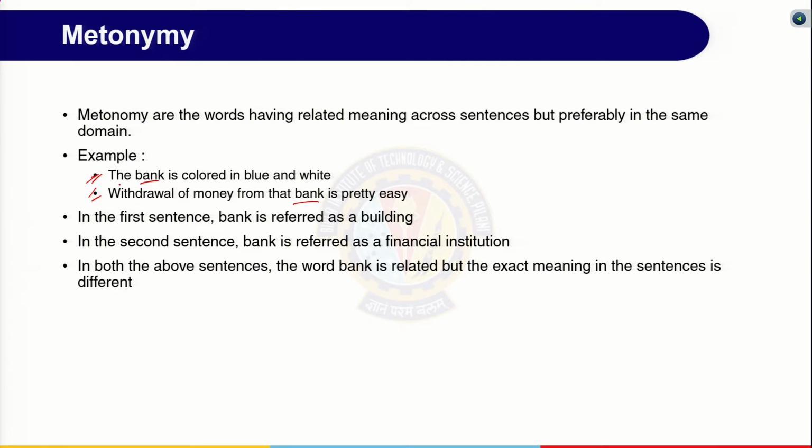But in the first sentence we are referring to the bank as a building, whereas in the second sentence we are referring to it as a financial institution. So they have been used in the same domain, that is, they are talking about a financial domain. However, the way they are used is different. Such kinds of words are called metonymy.